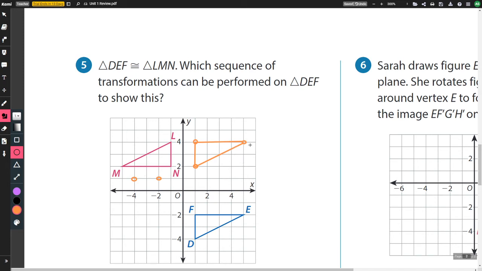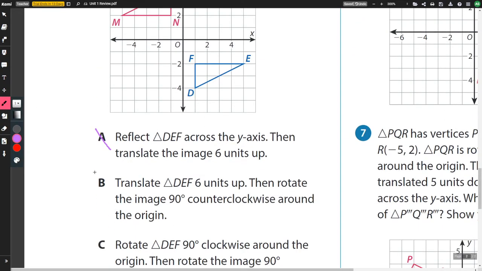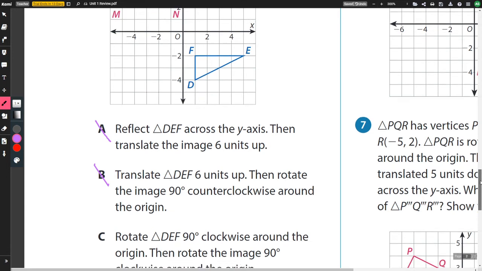Instead of 5 and 4, it'd be 4 and 5. So right now my points aren't lining up, so I know this is not correct. It looks so good though, but I'm glad I tried it out just to see if it was correct or not. So B is out of the question.